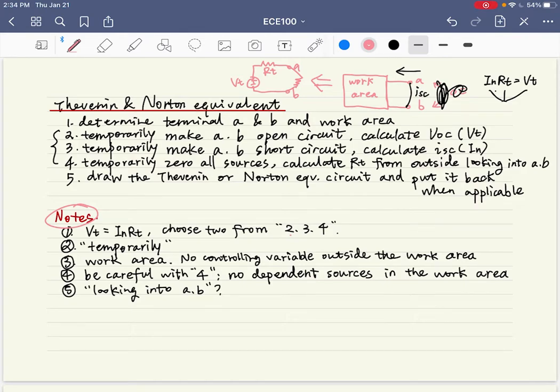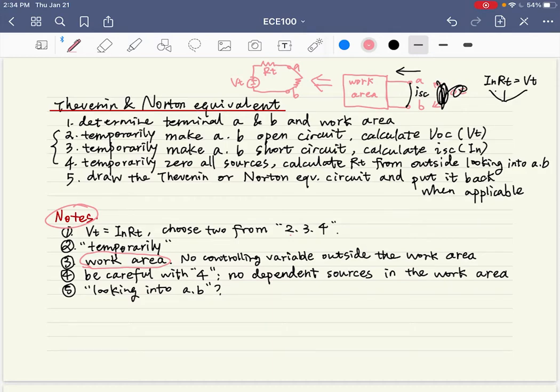The second thing to take notice of is the word temporarily, which means that you make A and B an open circuit or a short circuit only because you want to calculate the VOC or ISC.